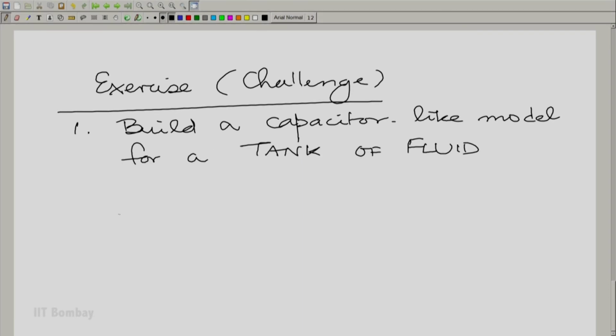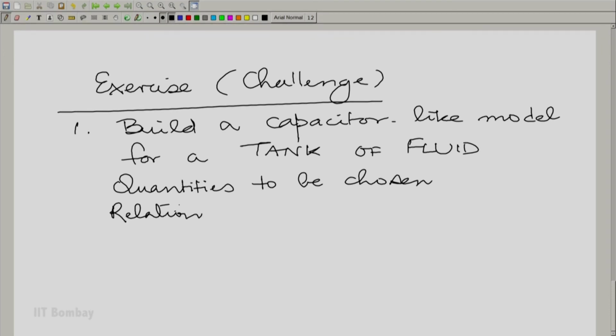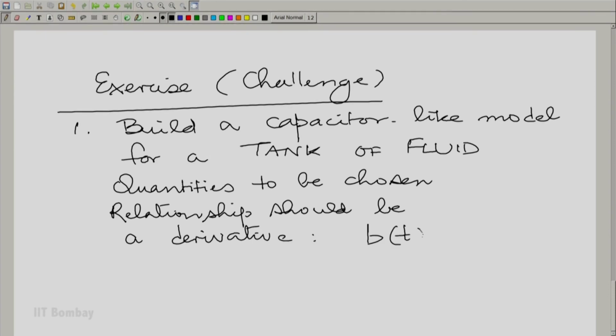So here you have to decide the quantities that you should choose as input output relationships, and the relationship should be like a capacitance, should be a derivative relationship, isn't it? So you have something like B(t) is some constant, say kappa 0, times dA(t)/dt. So what B and what A should we choose?